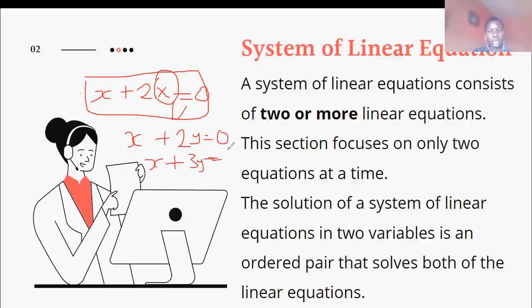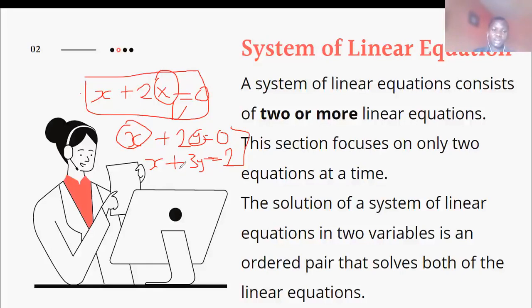Let me just stop here. In this particular situation, you notice that we have how many unknowns? 2 unknowns and 2 linear equations. The first one is x plus 2y is equal to 0, and the second one is x plus 3y is equal to 2. That's why we said in this kind of scenario, we can say we have simultaneous equations.